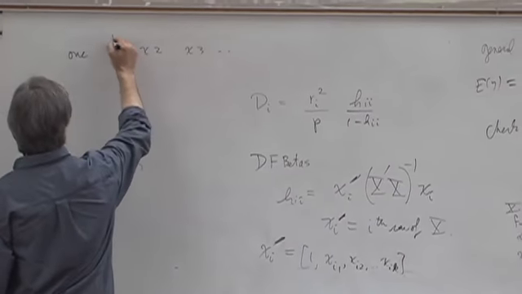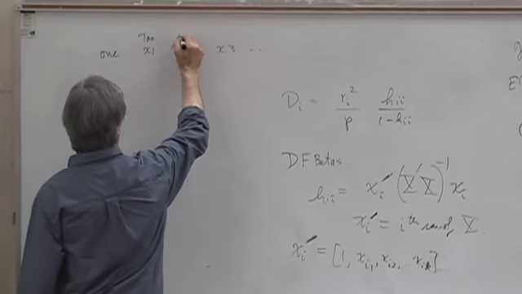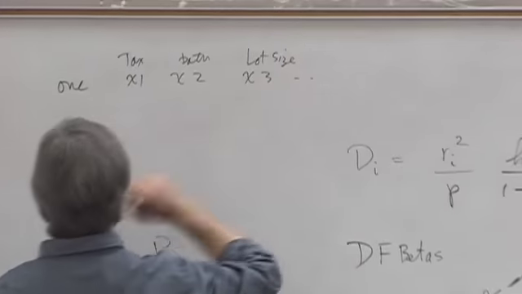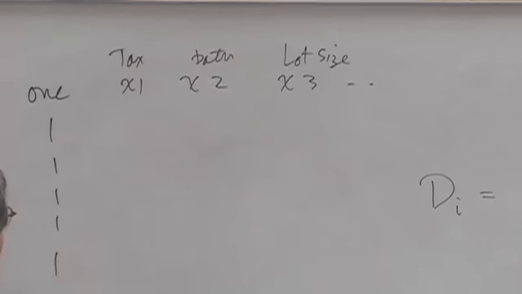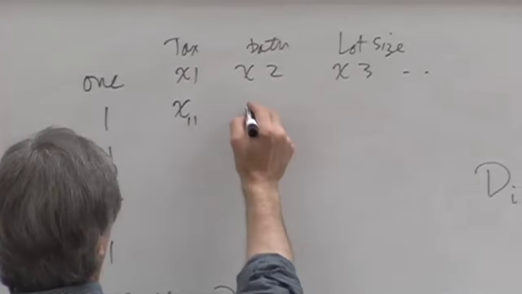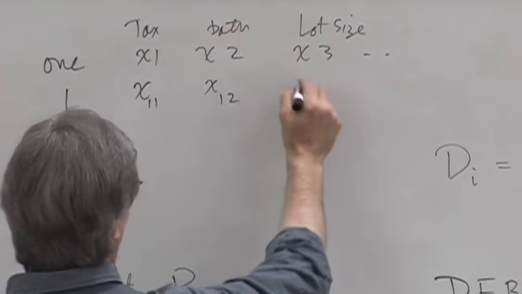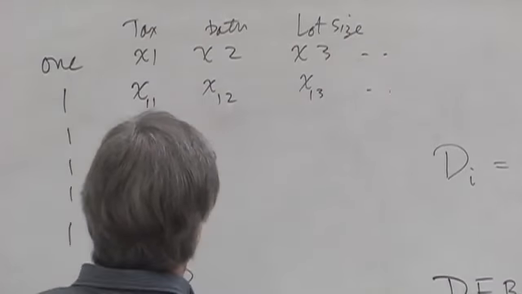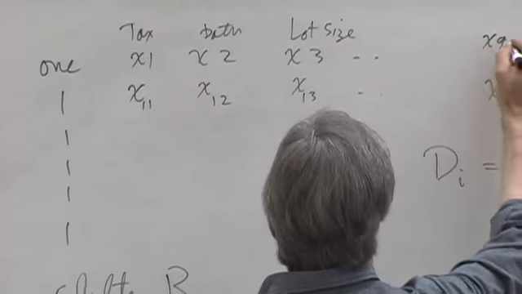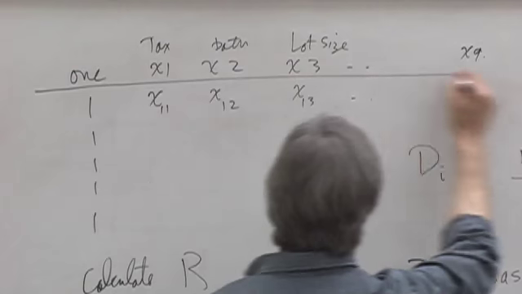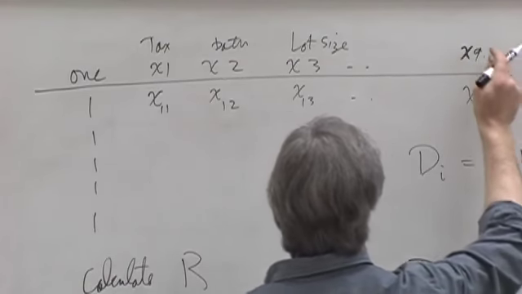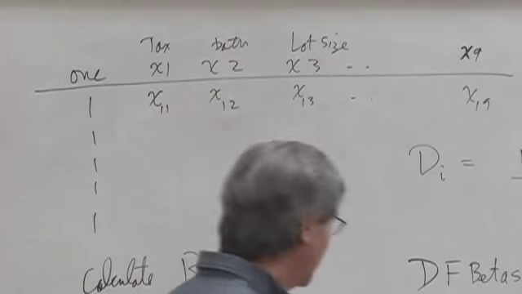This was taxes, the number of baths, the lot size, etc. You have 1, 1, 1, 1, 1, and then x11, x12, x13, and so on, up to x1,9 for the 9th regressor, which was whether you had a garage or a fireplace, I can't remember.